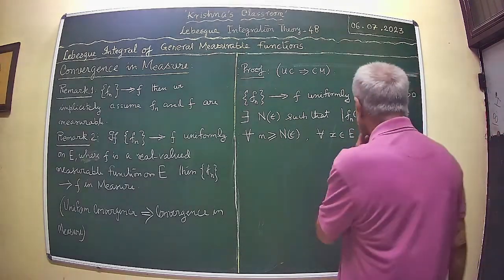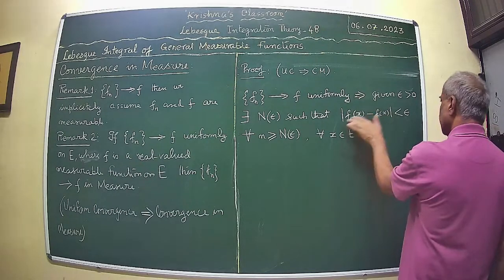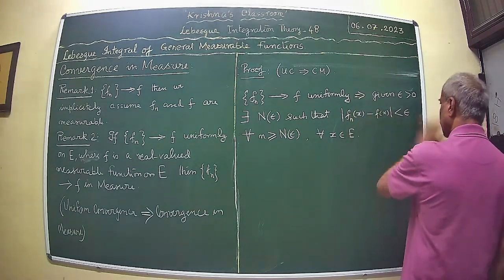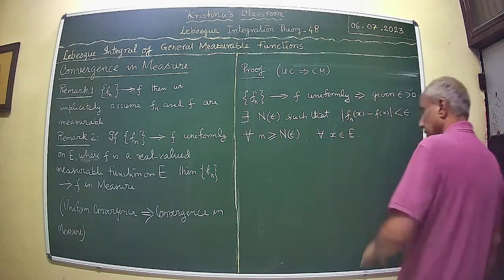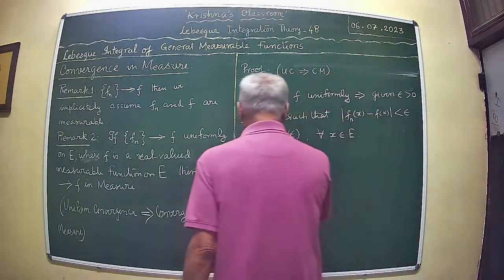Now you see what happens to the set where the absolute value of Fn(x) minus F(x) is greater than epsilon. So look at the set.